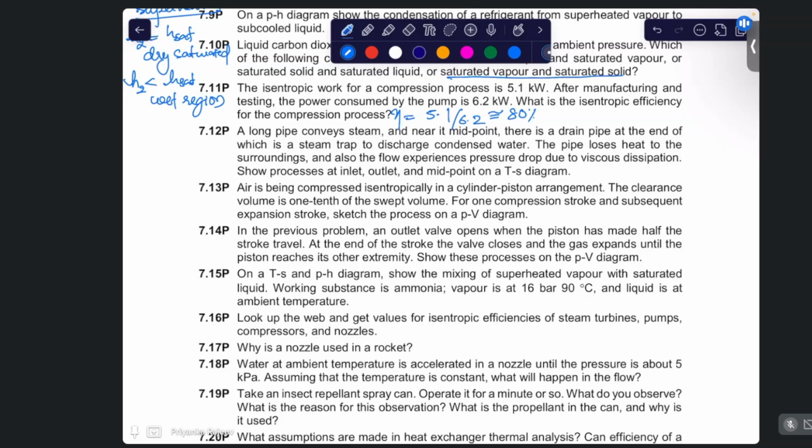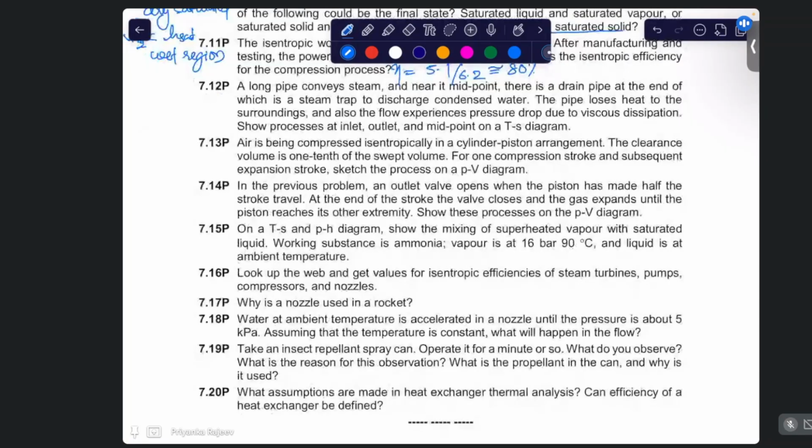Now the 13th question. Air is being compressed isentropically in a cylinder piston arrangement. The clearance volume is 1/10 of the swept volume. For one compression stroke and subsequent expansion strokes, sketch the process on a PV diagram. Okay, so the compression line goes from V1 to some intermediate volume, so we have to show a decrease in V. Then pressure is possibly held near the line pressure.